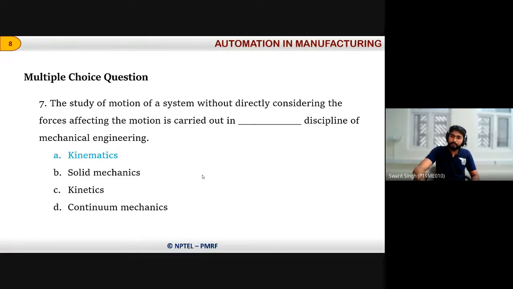So if we consider the force, then what will be the answer? In kinematics, we are studying the motion without directly considering the force, right? But if we are considering the force, then what will be the answer?